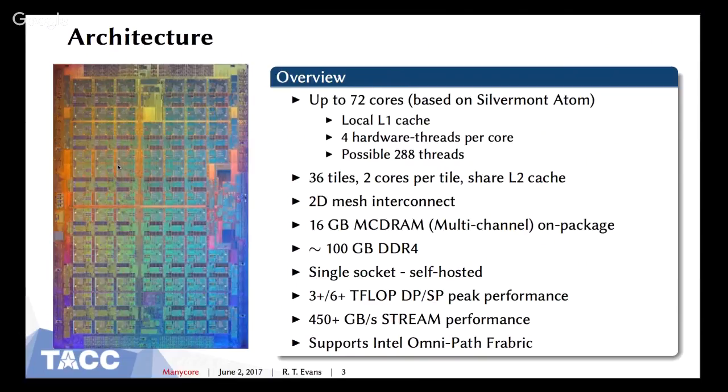Each core can run up to 4 hardware threads. So it's possible on our system to run 268 processes at the same time, because there's 4 hardware threads per physical core. Now, these cores are set up in tiles. There's 2 cores per tile. It's set up on a mesh. It's getting a lot more complicated quickly. I'll get into these details.